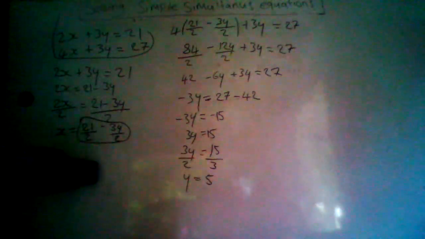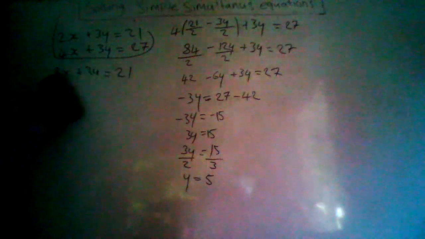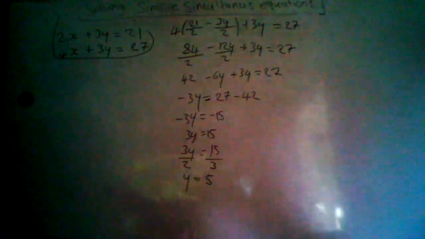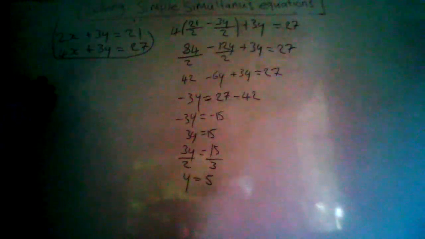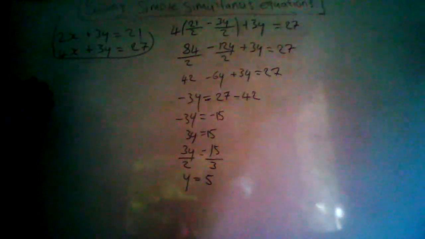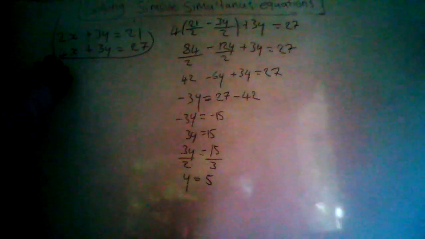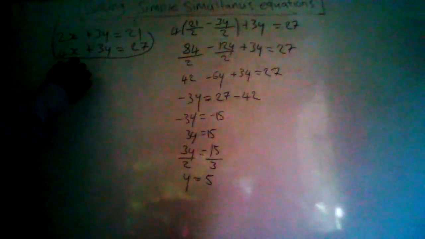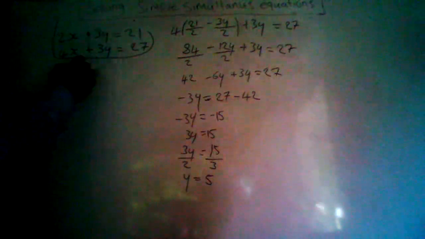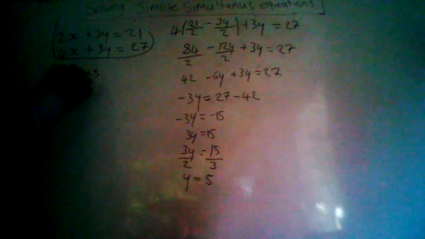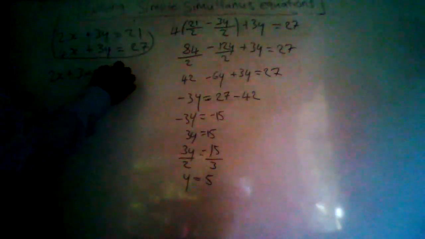Now I think I have this. So I will substitute 5 for y in one of these equations. So I'll use equation 1. And so I'll have 2x plus 3 times 5 equal 21.